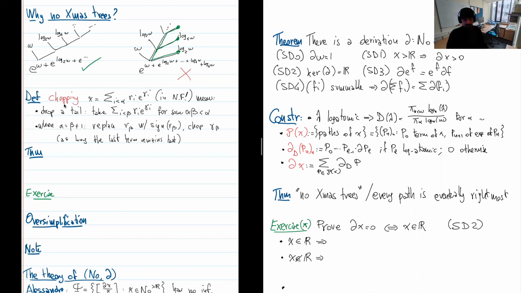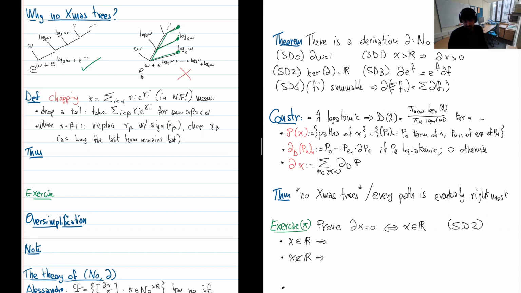Okay, why am I calling this chopping? So you look at this tree here. Actually, let's look at the Christmas tree first. So I start with the term. With the term I can't do the first one because the normal form is just a single monomial, so there's nothing to truncate here. But definitely this monomial is going to be the last one of this sum.